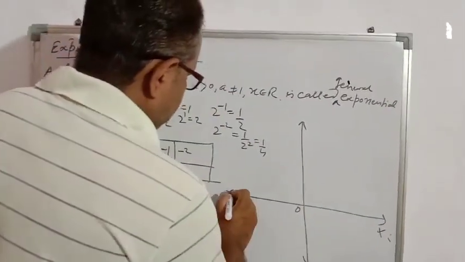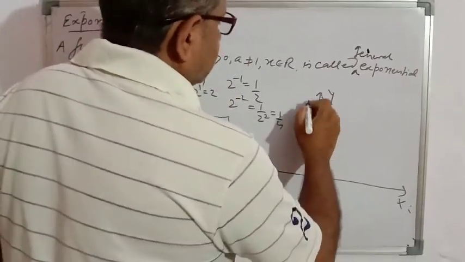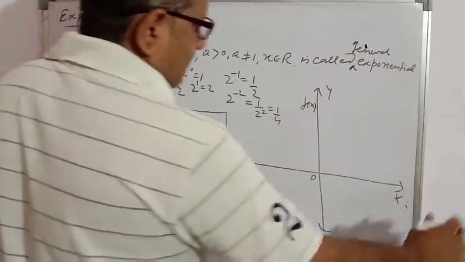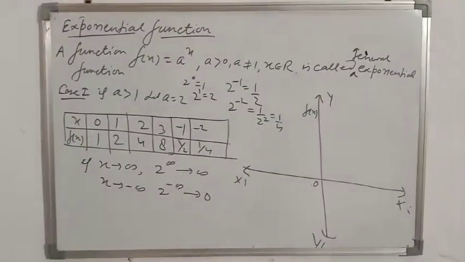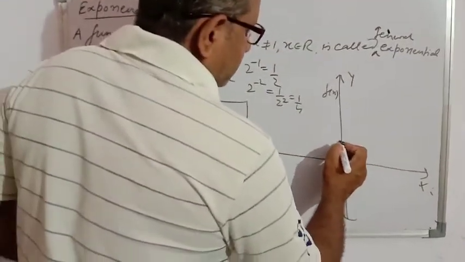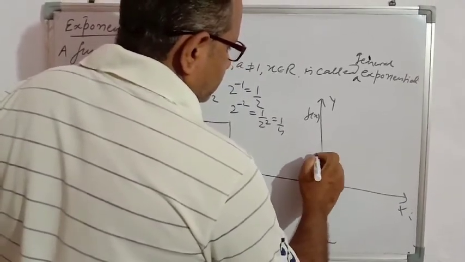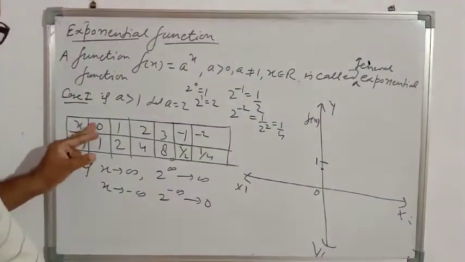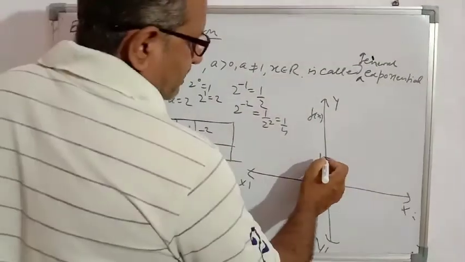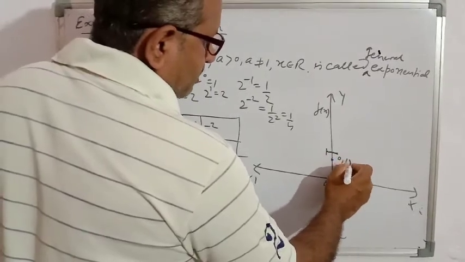X dash, y dash. Here we have to take f(x). At x axis we will take the values of x. At x equal to 0, f(x) is 1. It means the graph passes through (0, 1).